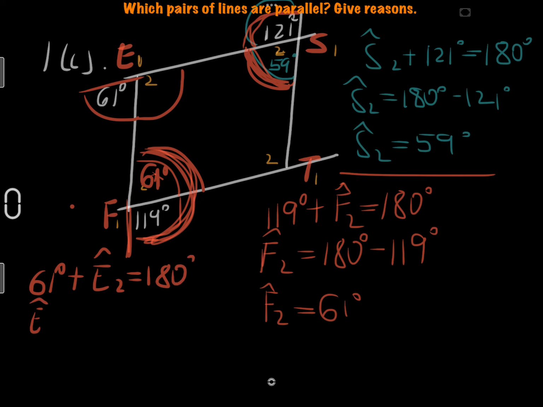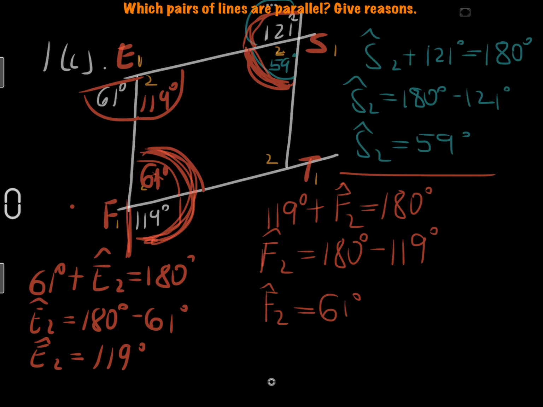Making E2 the subject of the formula, we have 180 minus 61 degrees, which means angle E2 is equal to 119 degrees. So this angle here is a 119 degree angle.